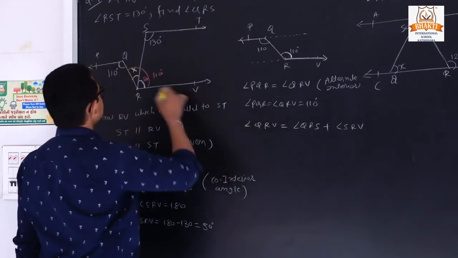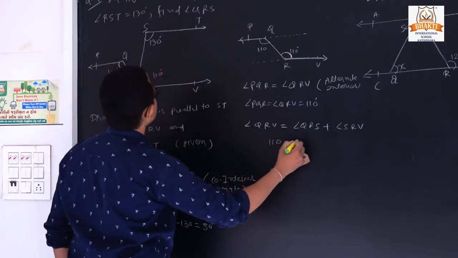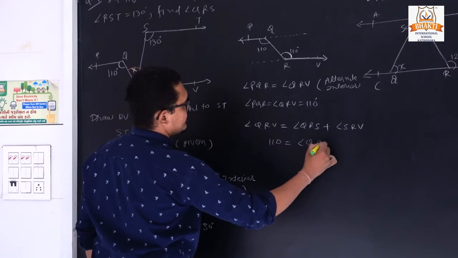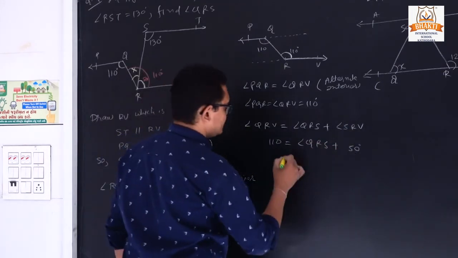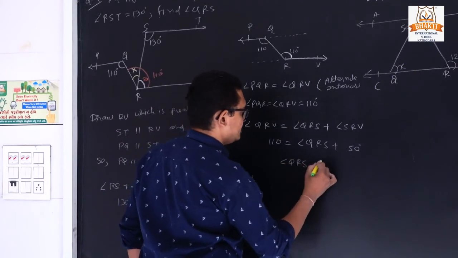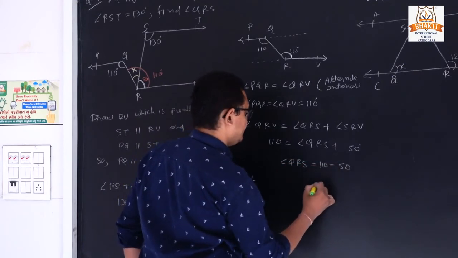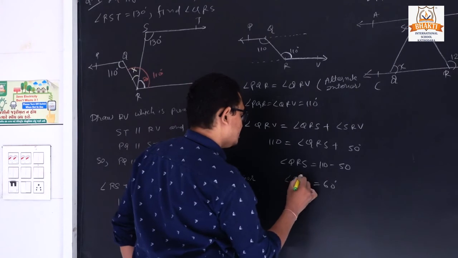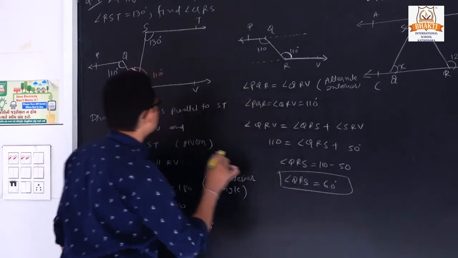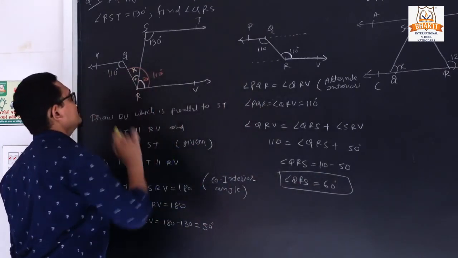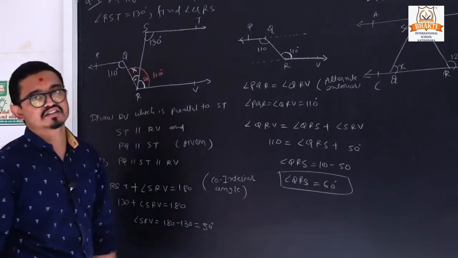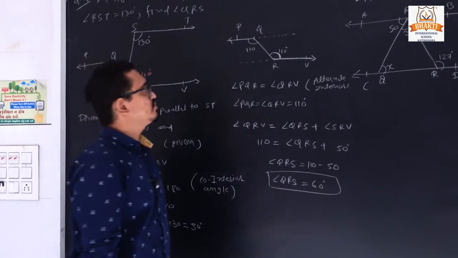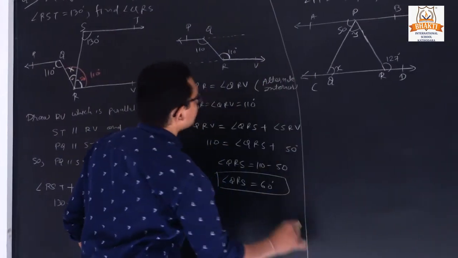QRV is given 110 degrees, QRS we want to find, and SRV is 50 degrees. So this 50 is going to the second side. So 110 minus 50, this angle QRS is 60 degrees. It means this angle is 60. So 60 plus 50 is 110. So it is proved. Clear? It is proved. Now next.